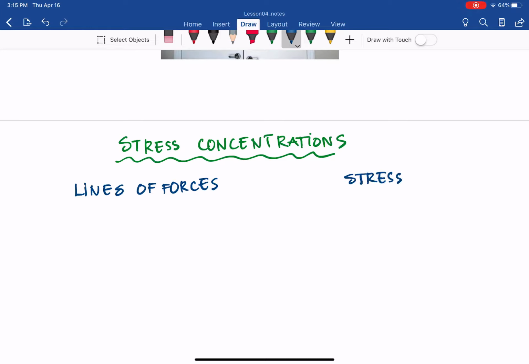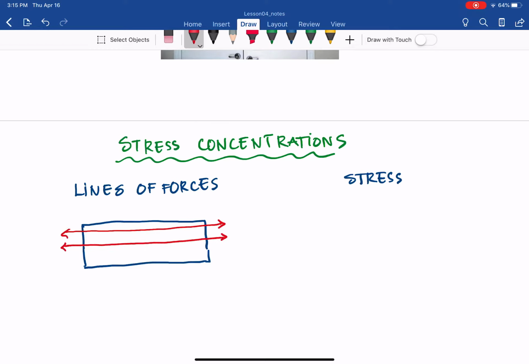So if we have a body that is continuous, no abrupt change in geometry, no discontinuity, then if we have the load P applied, the line of action of the force, as you can see here, goes straight through the body. And that is the load P applied. And that's what they do in the continuous body.